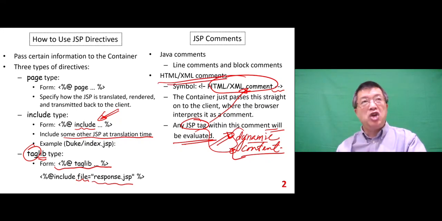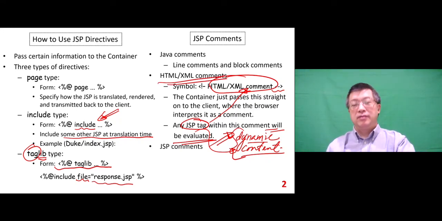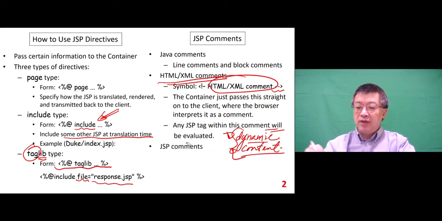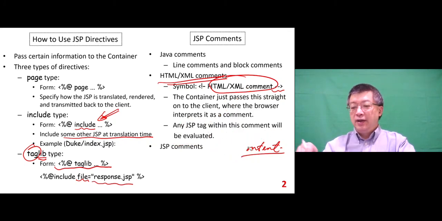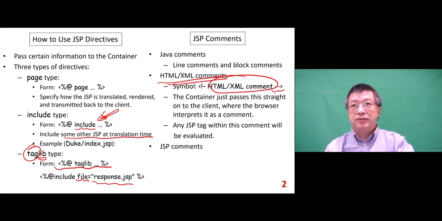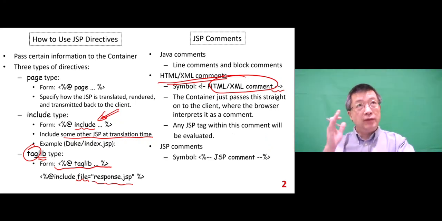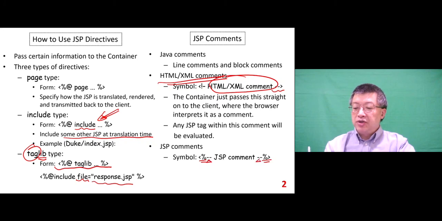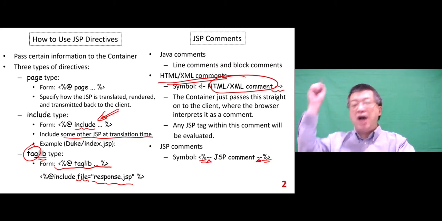Third type, JSP comments. So that was the HTML type, and this is the JSP type. It uses the typical JSP tag symbol, but we add a double dash. JSP comments.